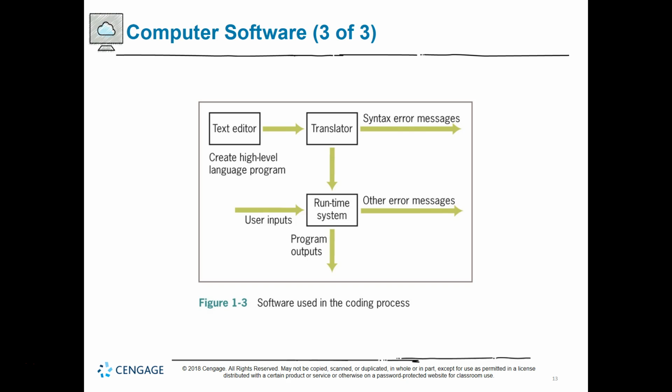So we have some form of editor, passes into our conversion program, and then it actually runs that program. And that program may take inputs, may output something, sends out error messages. Because even though we have the syntax correct, in other words, it looks like a sentence, does that mean it's logical? Not necessarily.